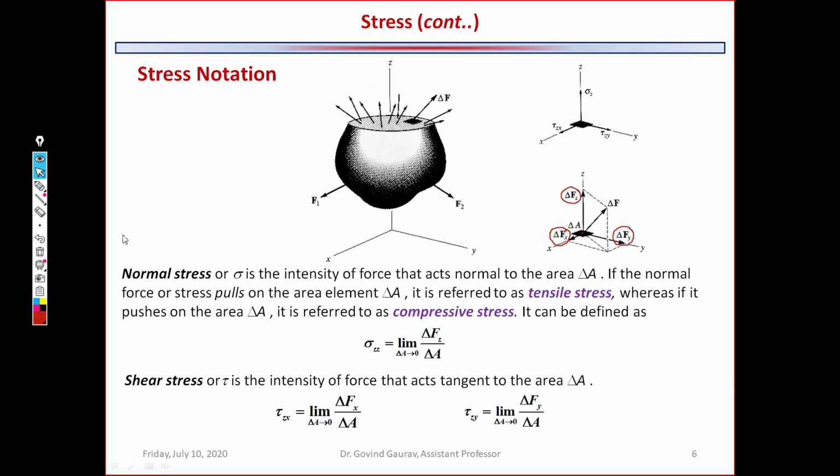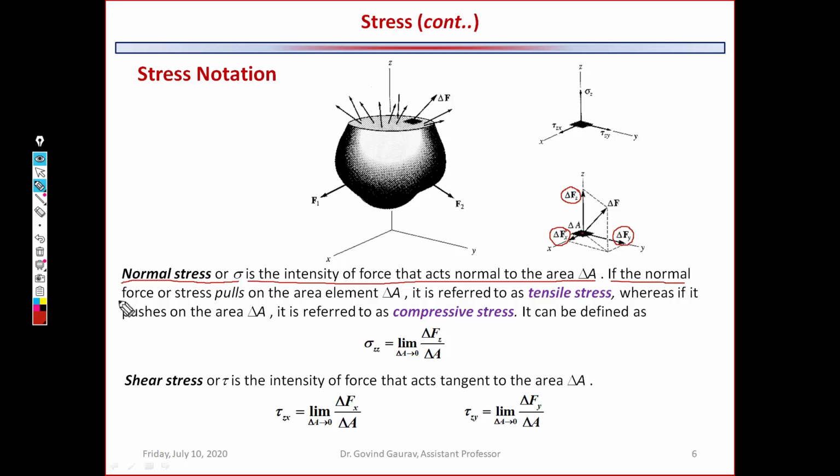Let us define now what the normal stress is. Normal stress, represented by sigma, is the intensity of the force that acts normal to the area delta A. So this force will act perpendicular to the small area which we have selected.